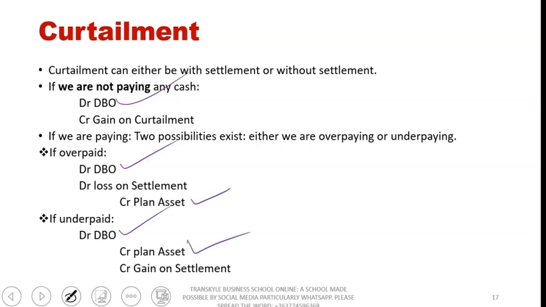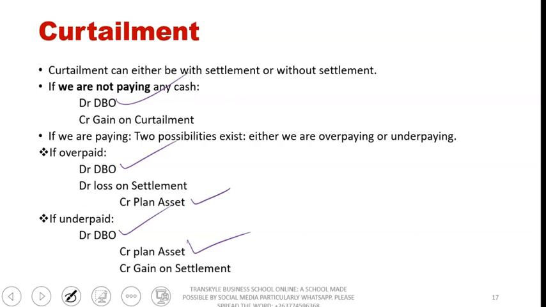Then, if we are paying, two possibilities exist: either we are overpaying or underpaying. We debit the DBO if we have overpaid, and we debit the DBO and debit loss on curtailment.